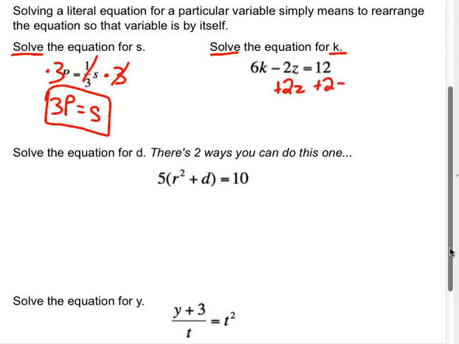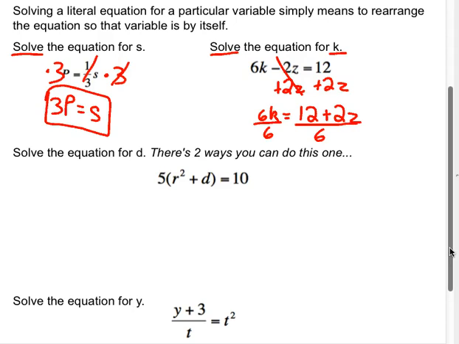That's going to be the first step. Now, after I've moved everything else over that doesn't have a k, I'm going to divide by 6.